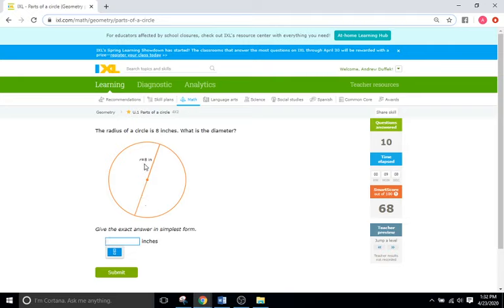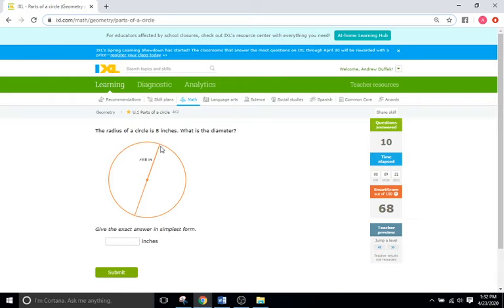It's saying that radius, r, is 8 inches. So from this point to this point is 8 inches, and also this point to this point is 8 inches. So the question is asking for the diameter, and remember the diameter is the distance of this entire line here. You see the line goes through the center of a circle, right?